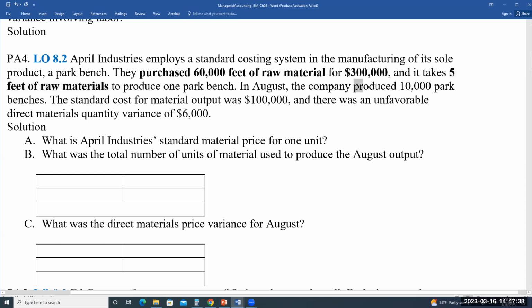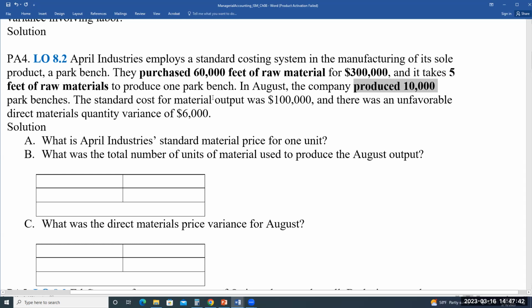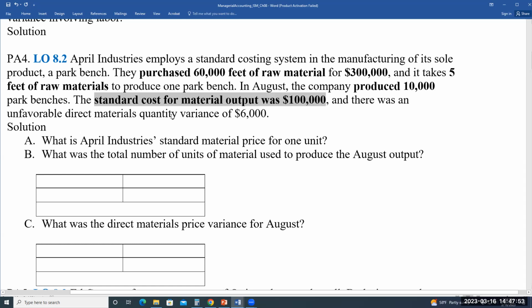They produced 10,000 benches. Standard cost was $10,000. I mean, $100,000, sorry. And they had an unfavorable direct materials quantity variance of $6,000. Okay.